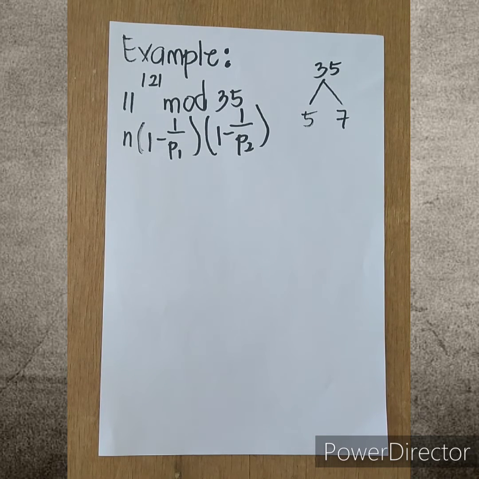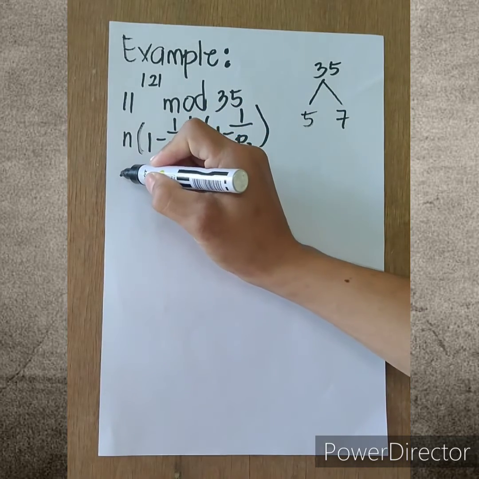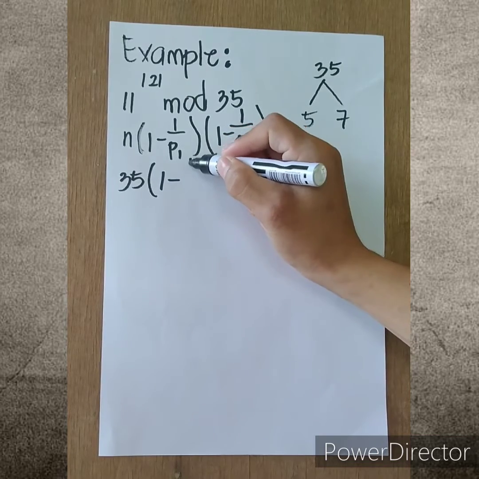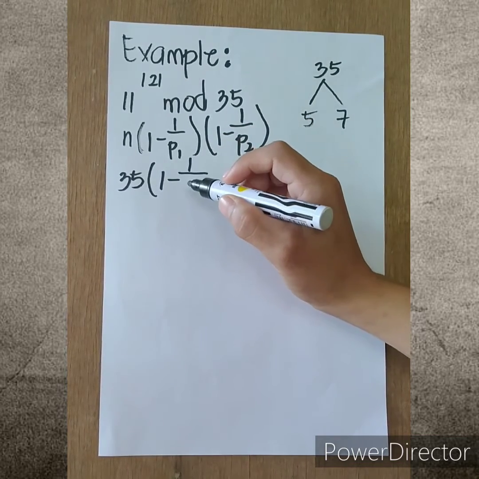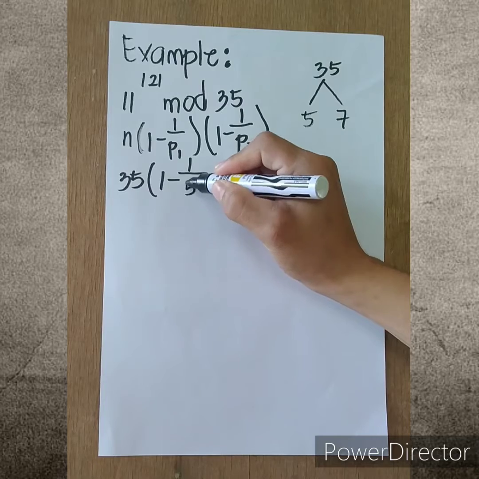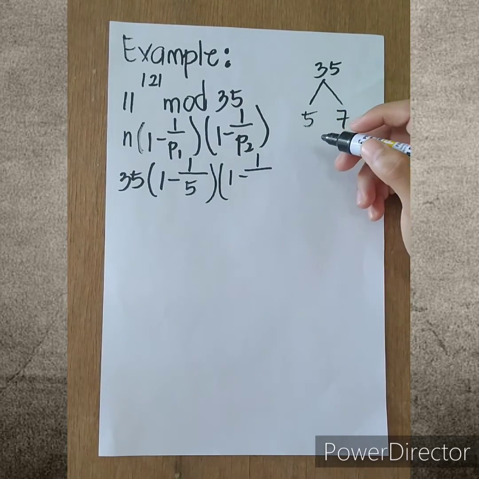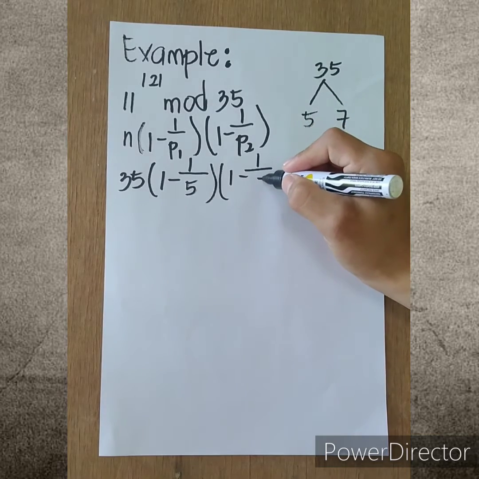So let us just substitute the given values, where n is the divisor, which is 35, times the quantity of 1 minus 1 over the first prime factor, which is 5, times the quantity of 1 minus 1 over the second prime factor, which is 7.